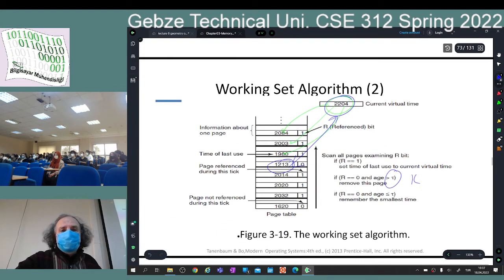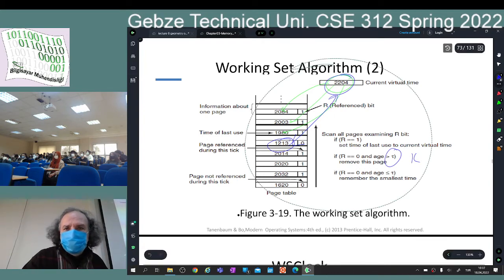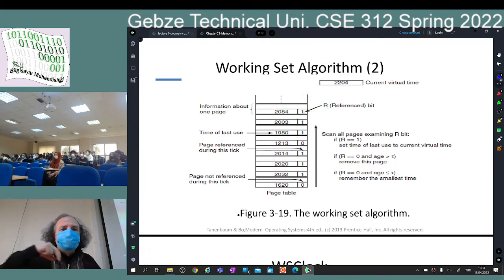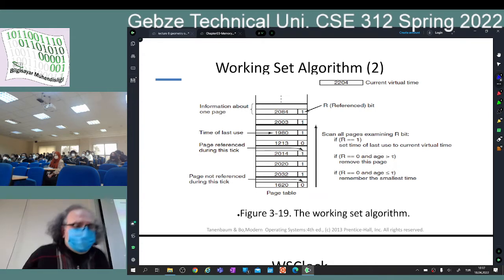So here is an example. We looked at this last time. This is my page table. At each page I have the R bit. These are supported by the hardware memory management unit, which sets the R bit to 1 whenever that page is referenced.